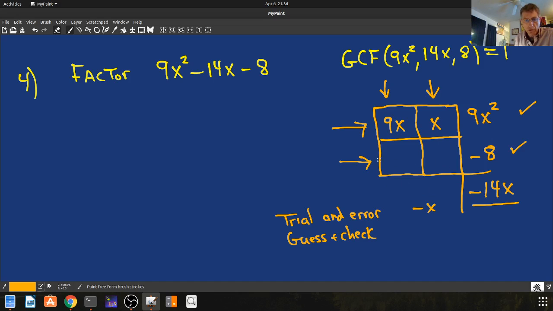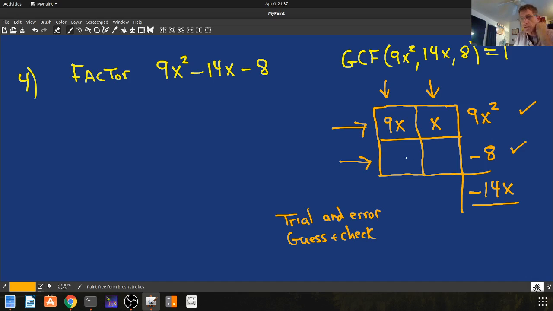And here you want to use some logic. Since minus 8 is negative, exactly one of these has to be negative. Only one. Either this box is negative or this box is negative. Since we have minus 14x here, then I want the largest of the product to be negative. So you just have to guess and check.